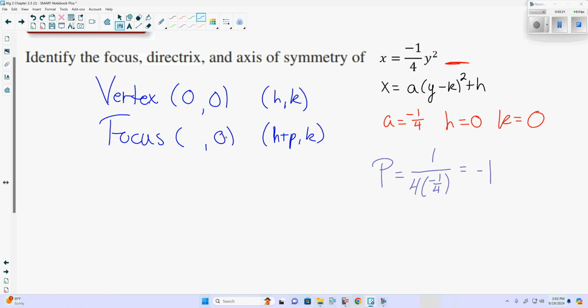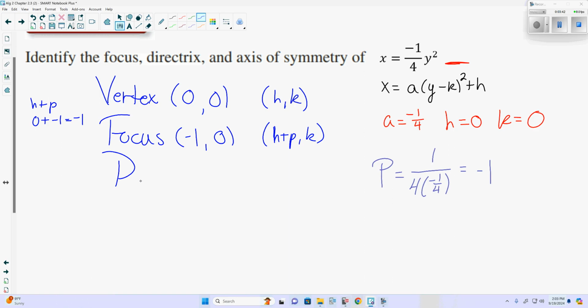So we'd have 0. Now h plus p we do need to calculate. Well, h is 0 plus p, which is negative 1. This tells us the focus is negative 1, 0.